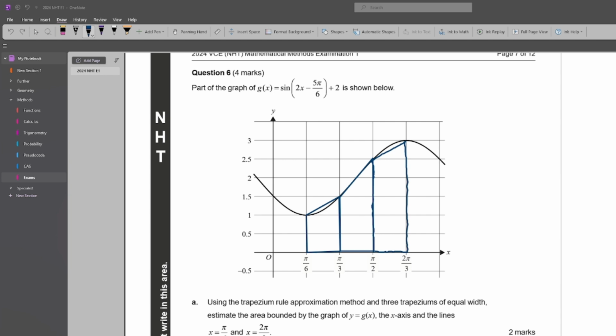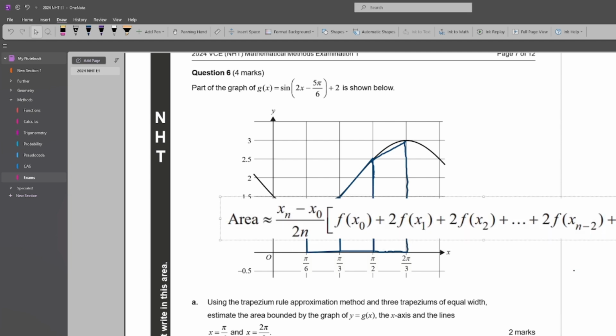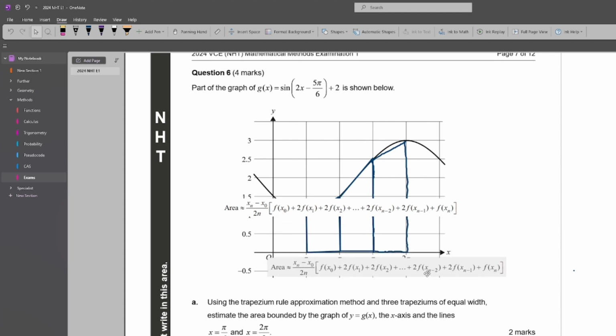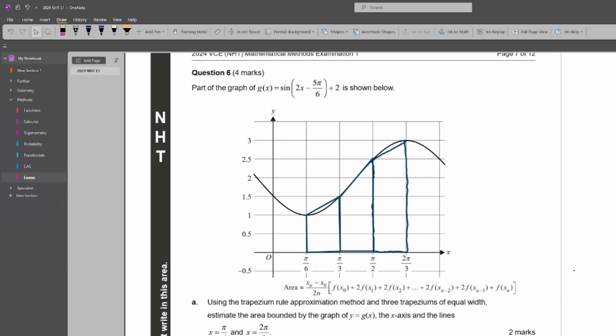So I'm going to grab that now. And actually, you can see they've chosen really nice numbers for us.